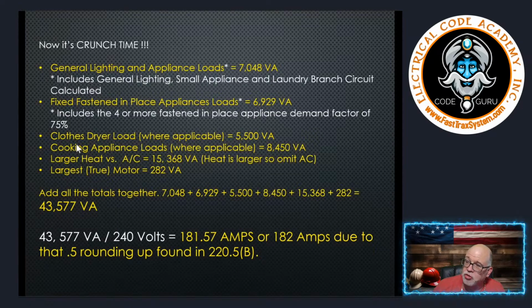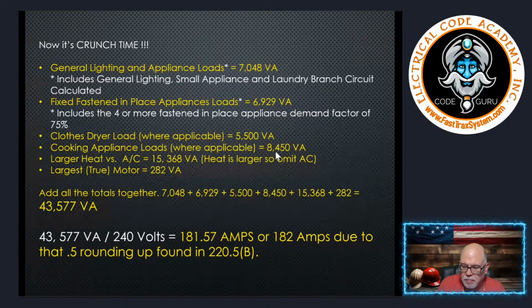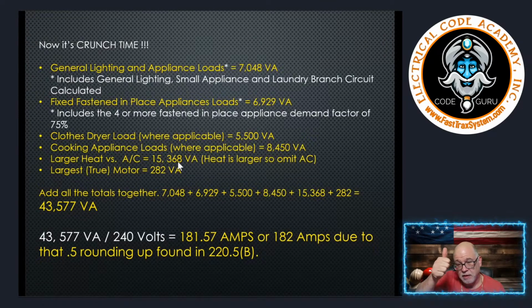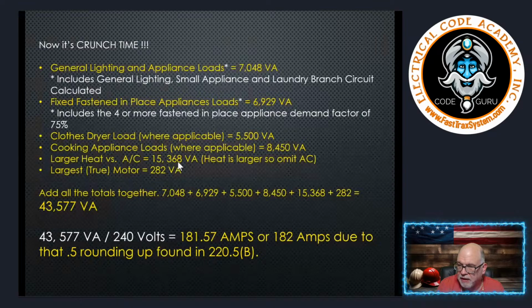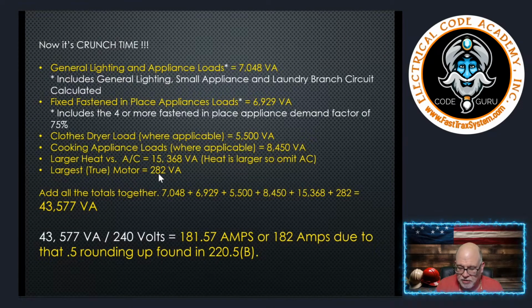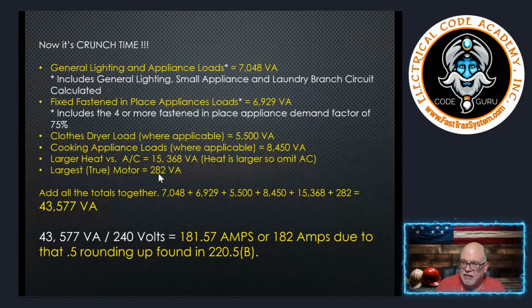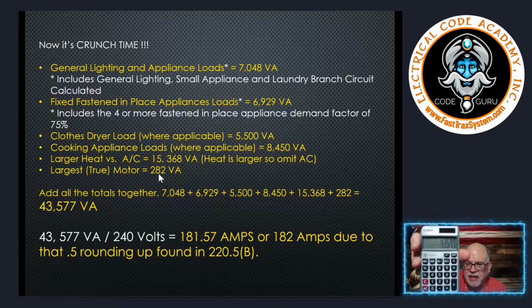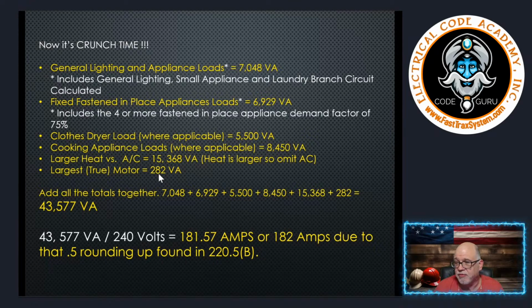We had the clothes dryer, which we had at the nameplate, which was greater than 5,000, so we added that, 5,500. We had the cooking, if you remember, it was 8,450. We had the AC versus heat, and obviously the heat won, so we have 15,368. And then we have that largest motor at 282. So that should give me 43,577. Exactly what I have here, exactly what you should have as well.